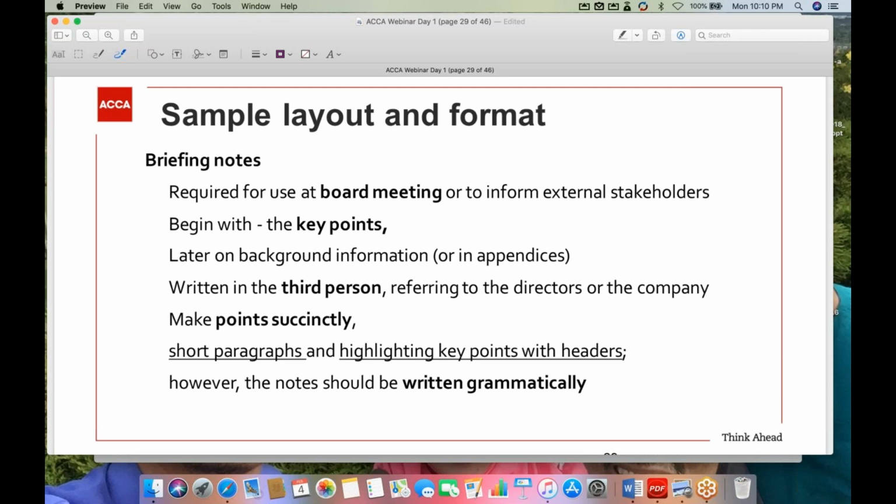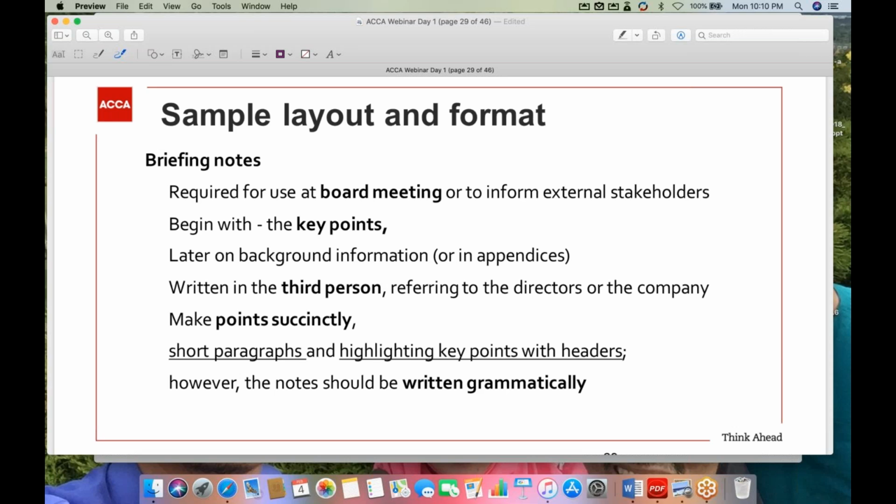You should be writing in third person, referring to the directors of the company. Make sure that your points are succinct. I mean, it has to be brief and clear. Short paragraphs, highlighting key points with headers.